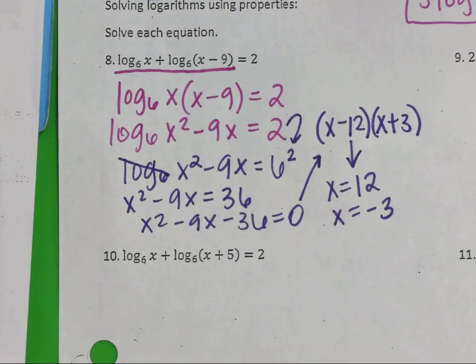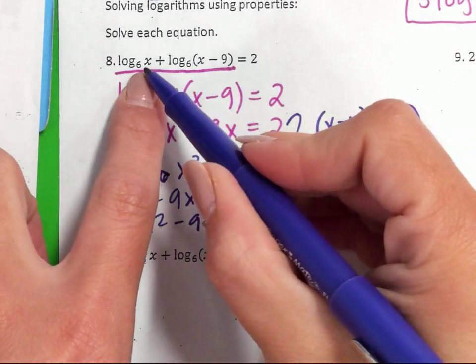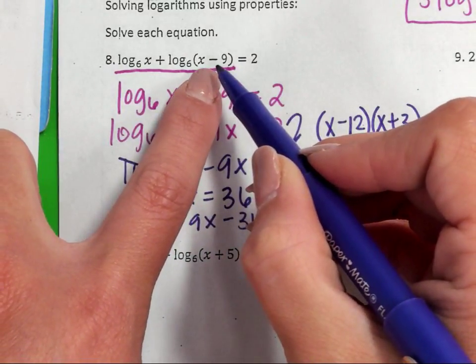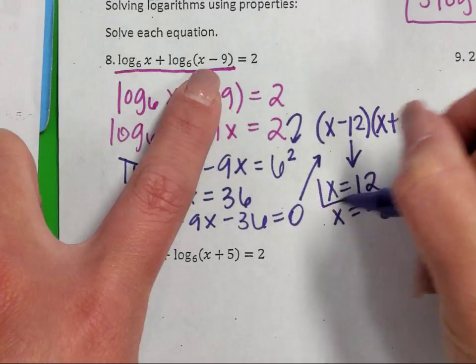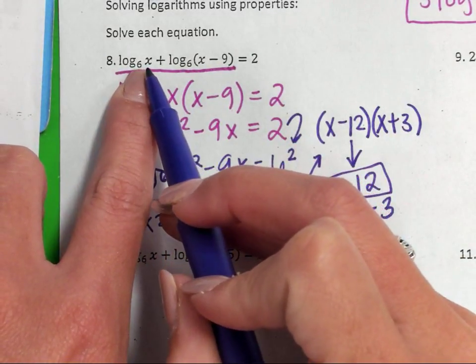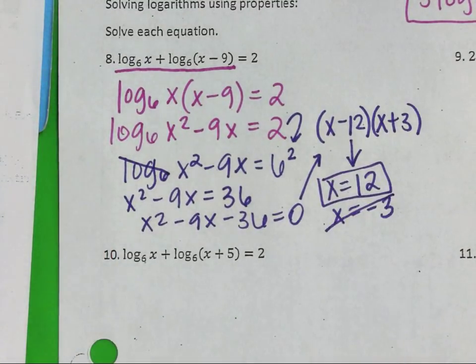So let's plug them in separately, kind of out loud together. If I plug in 12 right here, would that give me a positive log? Yes. What's 12 minus 9? So that one works. Alright, if I plug in negative 3, that gives me log 6 of negative 3. Is that okay? Nope. So just 12.